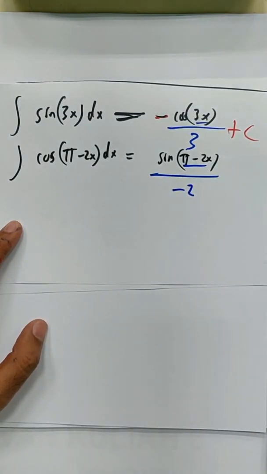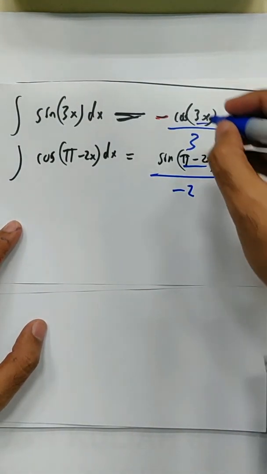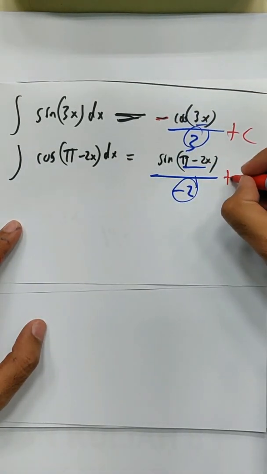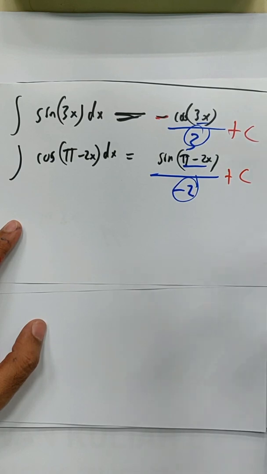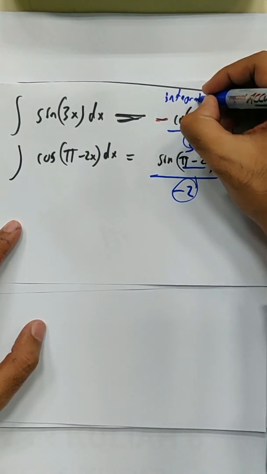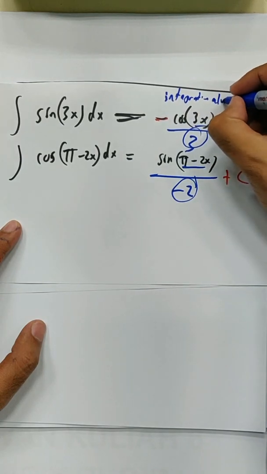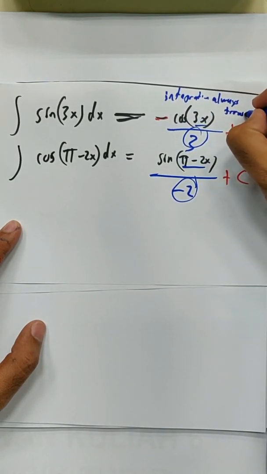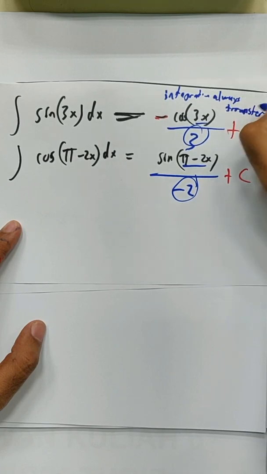Remember, in integration we always put it down. Plus C. Always transfer it down.